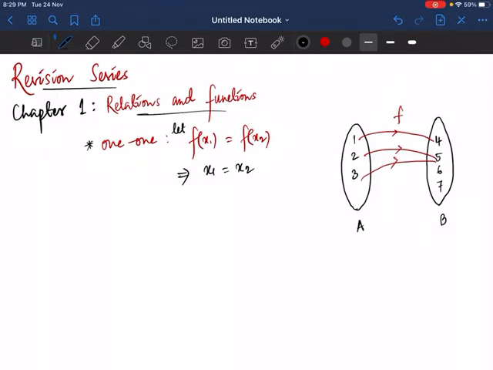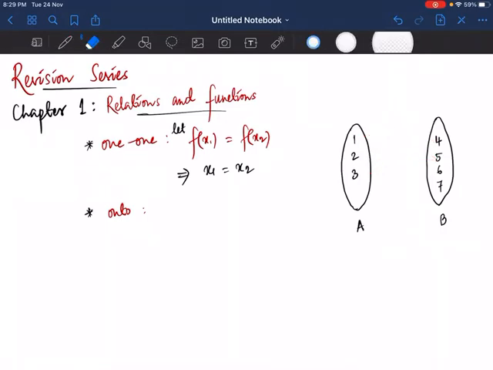Now the last one, that is onto function. So what is an onto function? An onto function is basically one in which every element in B must be related with some element in A. In the previous example, where we did the mappings, 1 with 4, then 2 with 5, then 3 with 6, that one was a one-one function, but it was not an onto function.